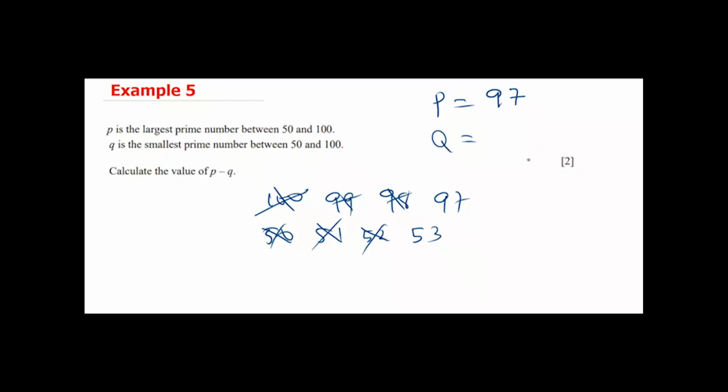So that means the value of Q would be 53. So we can now do P minus Q, and that will be 97 minus 53, and this will be 4 here, and this will be 4 here. So that means the value of P minus Q is 44.